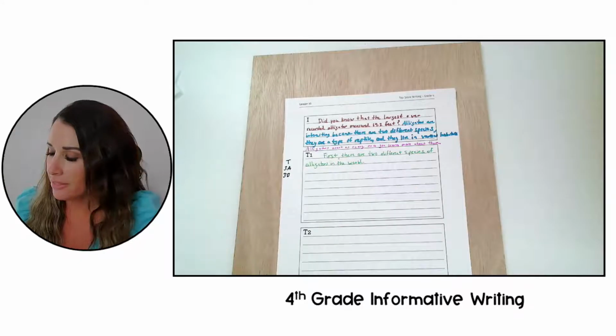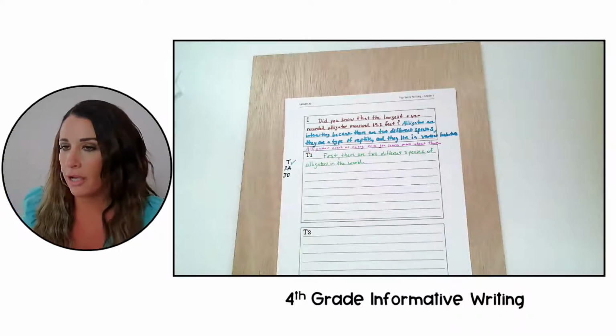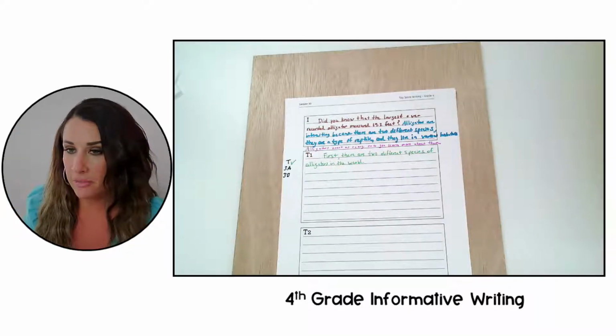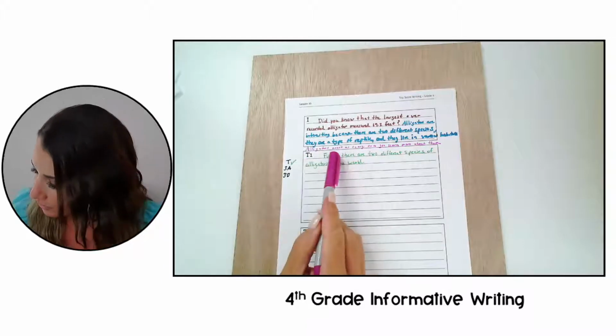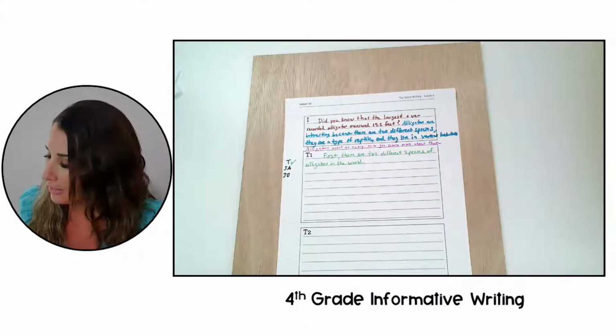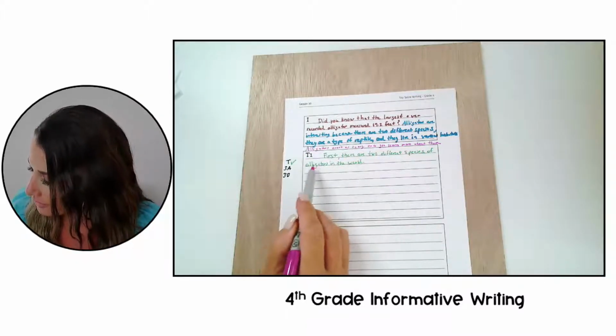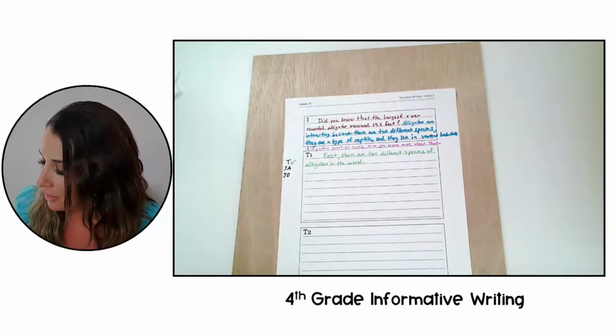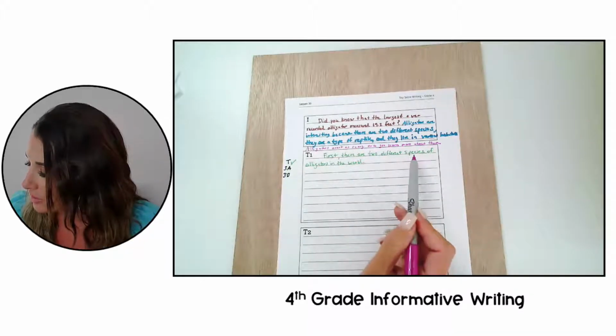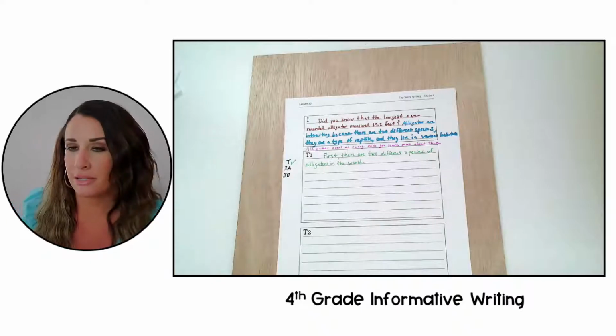Okay, that's my T. So I'm going to put a little check. That's my topic. I'm also going to check my topic sentence and make sure that I put a transition word. I did. Make sure that I stated the prompt, alligators, I did. And make sure that I stated the topic for topic 1, which is species. I did. So my topic sentence is perfect.